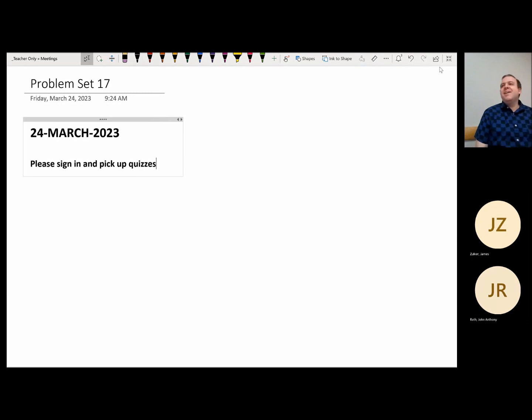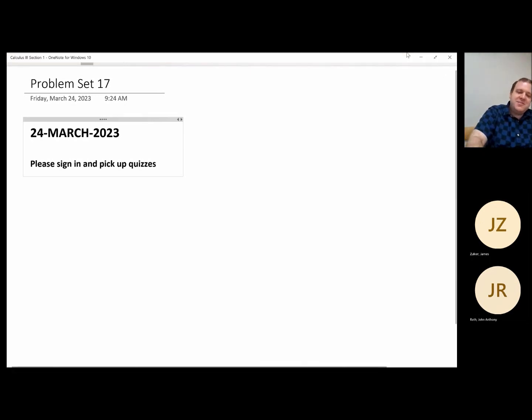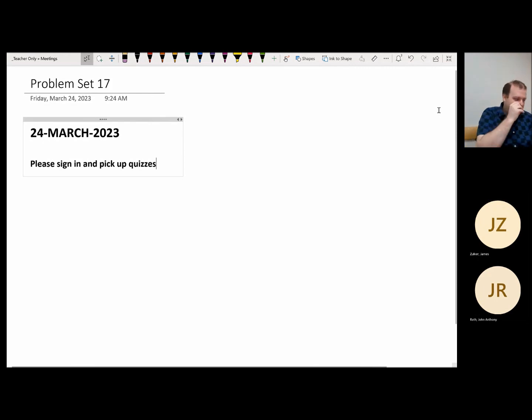Right. Happy Friday. We're going to finish up with double integration today. We're going to look at integrating in polar. But remember polar coordinates. Right, they're of the form r theta.